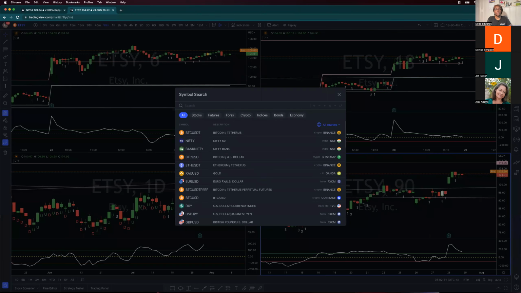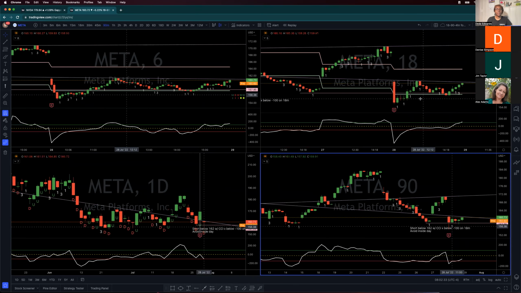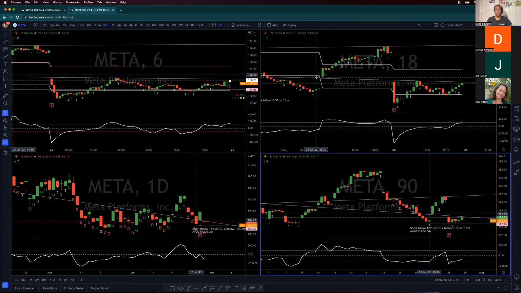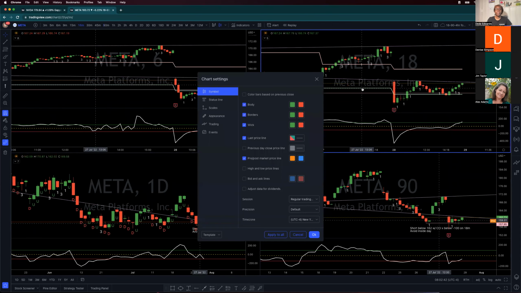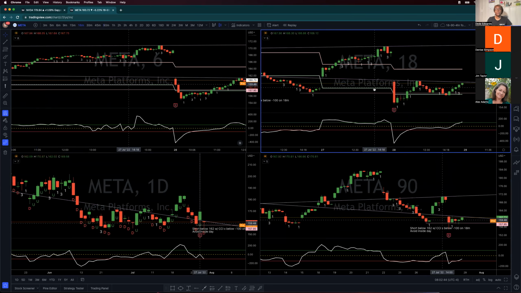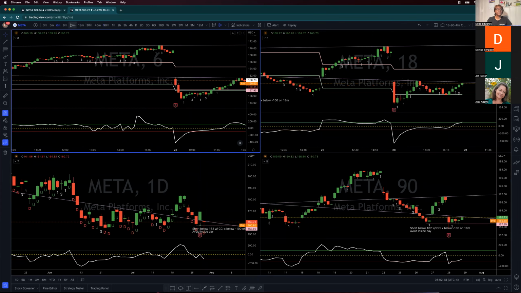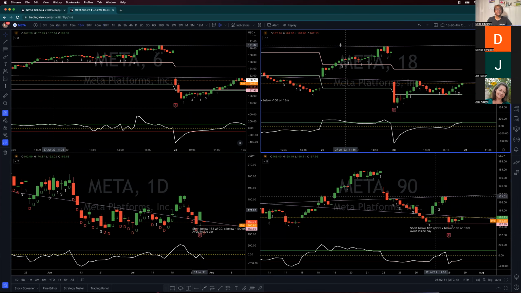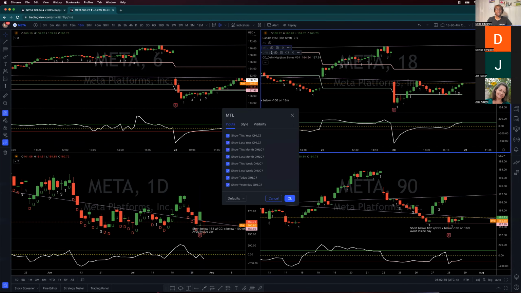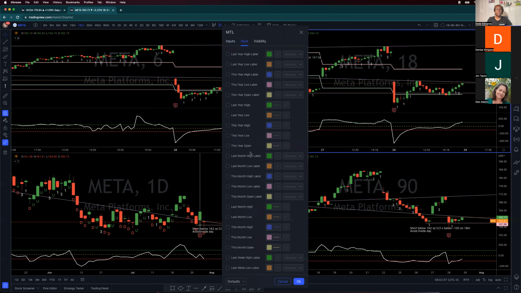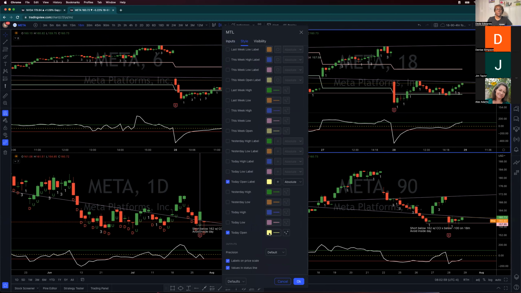And then Meta. And you can see how it traded. We drew our broadening formation though on Meta from the prior day. But like I said, guys, if we had our... I'm turning that to white.